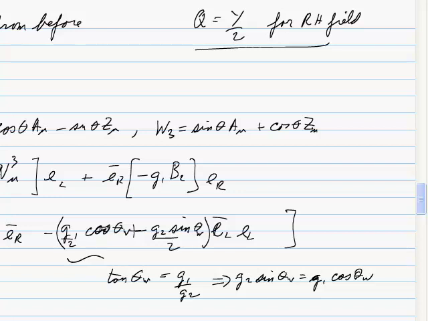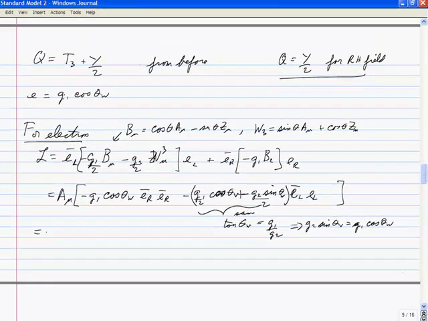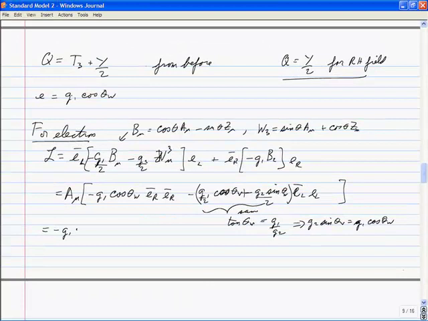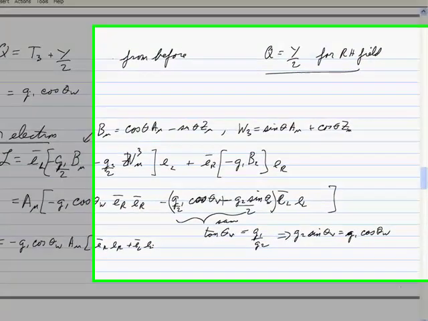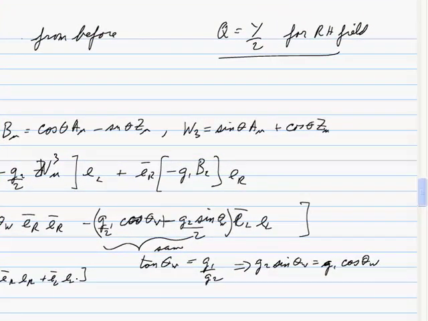So these two guys are actually the same. So the half plus a half adds up to 1, and we get it. Good. So I get minus G1 cosine theta W A mu, E bar right E right plus E bar left E left. Okay? So it worked.